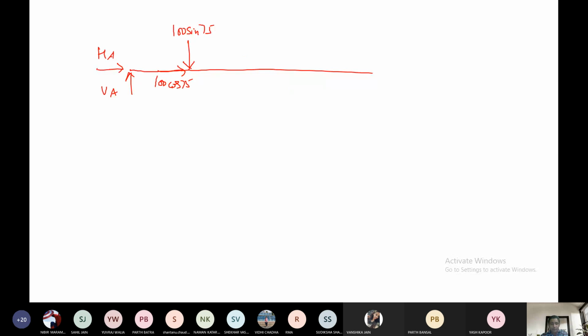Then this point is H. After that we have 2 points here, C and D. Then we have 2 points here, E and F. And here it is RB.